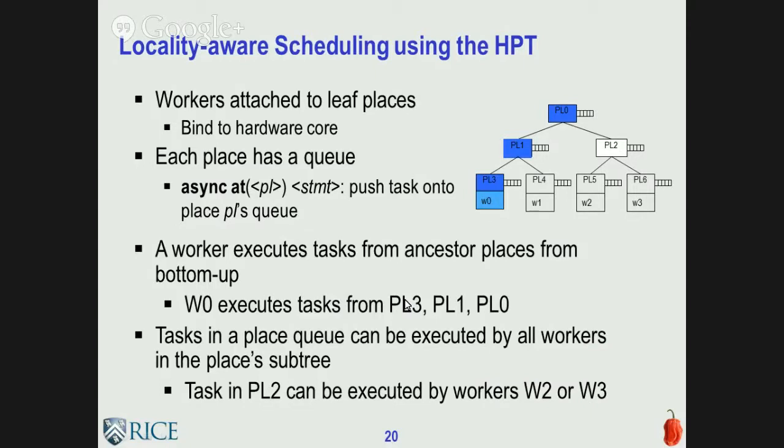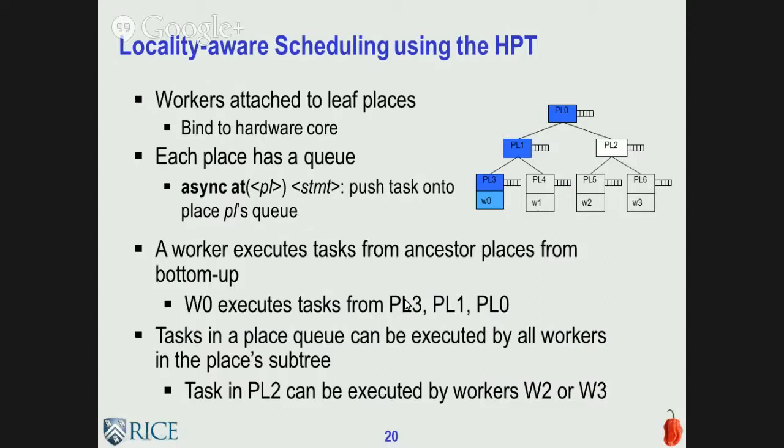Now, in the hierarchical place tree abstraction, we are abstracting the machine as a tree, and the at is logically saying put it in a queue, though it's not a first in, first out queue, like a set of tasks to be executed at some level. At least for now, the policy that we have is that a worker only picks up tasks from its ancestor places.